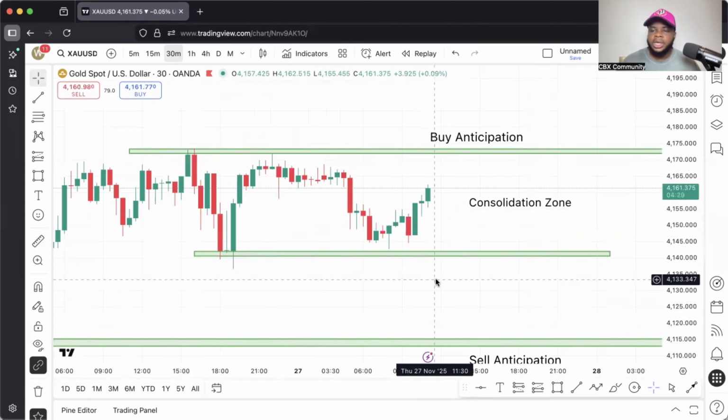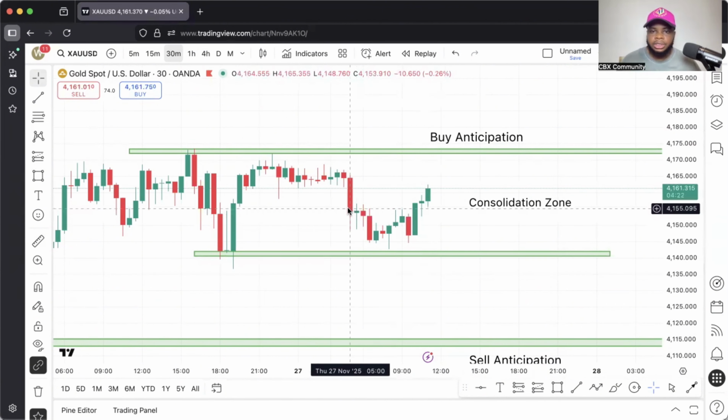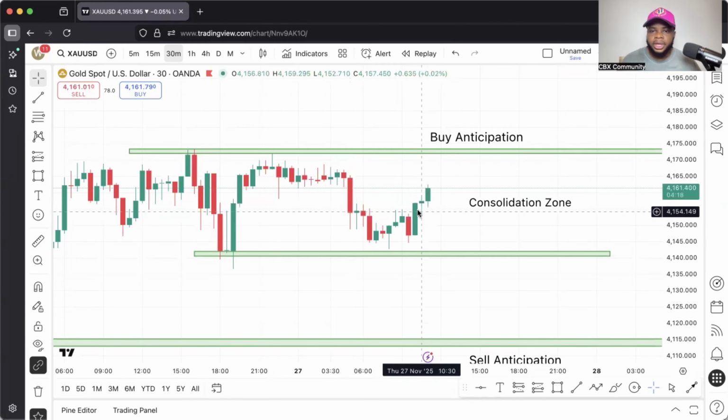Looking at the condition of the 30 minutes time frame, this candle closed with a bullish candle and broke this minor resistance, and the next one created a lower wick and broke the high of this bullish candle. This recent 30 minutes candle is left with 4 minutes to close. The low of this candle respected the low of this bullish candle over here, but it broke the high of this bullish candle.